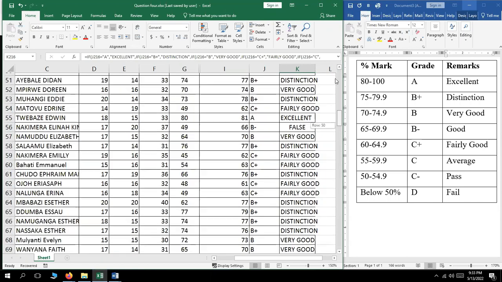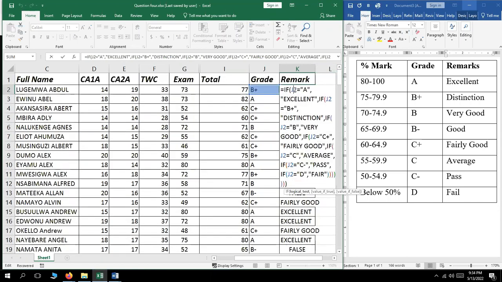So let's try to fix B minus. Where are you? I think it's possible that we skipped it. This is B. Under B we have, okay, the problem must be here.